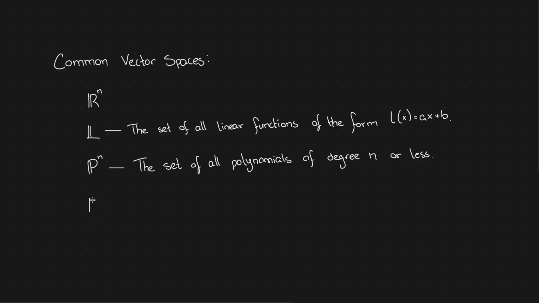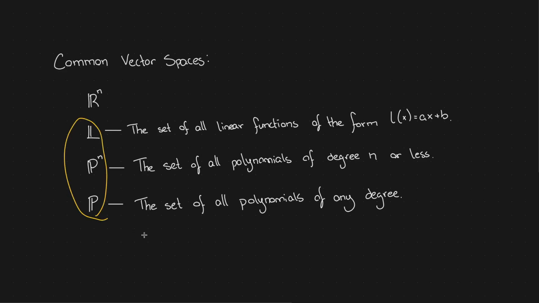Okay? And actually, if we just take all the polynomials of all degrees, that is also a vector space. Okay? So all of these are kind of polynomial type vector spaces.